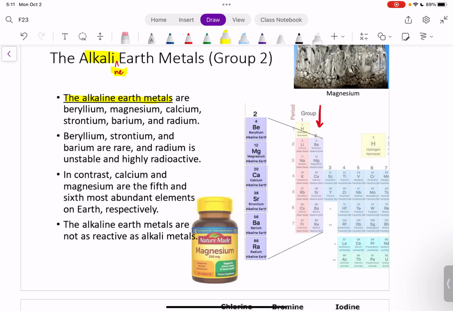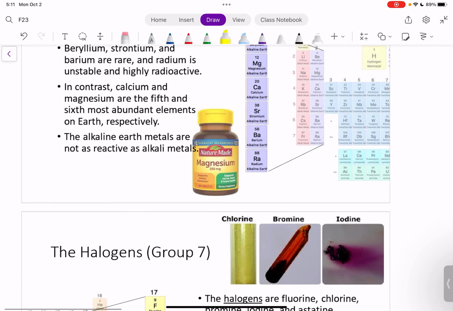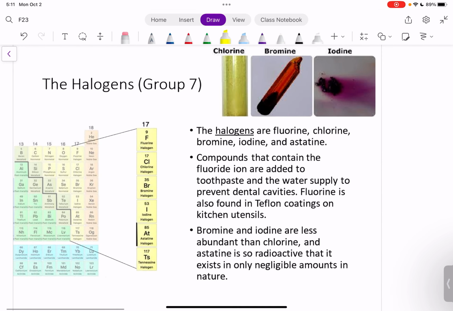It's really unstable and highly radioactive. Calcium and magnesium, though, we eat all the time. They're very abundant on Earth, and we can have them in our body. The alkaline earth metals are not as reactive as alkali metals, but they're still a little bit reactive.